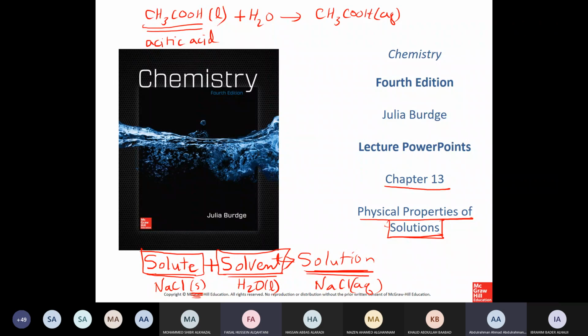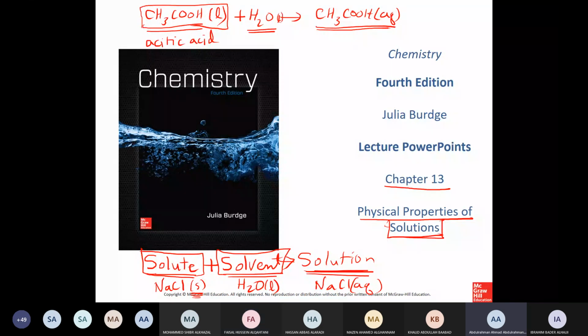Now, what do we call the acetic acid, CH3COOH? Solute. What do we call the water? Solvent. What do we call this thing? Solution. And this is liquid and liquid.